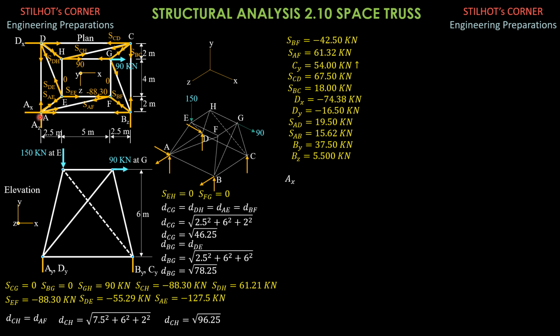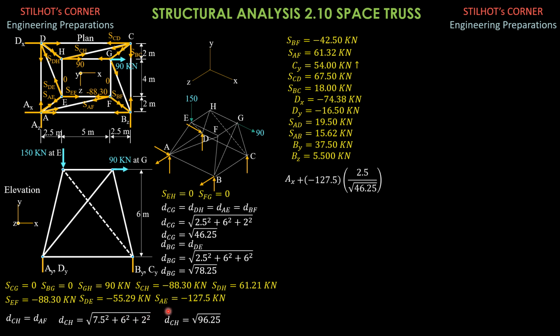So AX plus SAE, which is negative, so plus negative 127.5 times 2.5 over square root of 46.25, plus SAF.